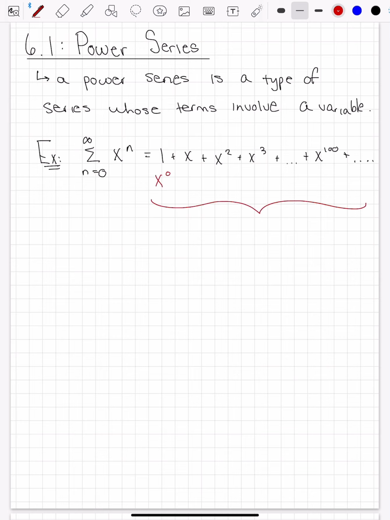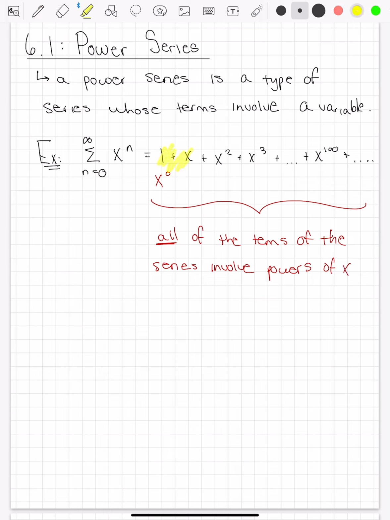So in this type of series, all of the terms of the series involve powers of x. And when we look at the right hand side of this series, we can see that this is actually a polynomial.